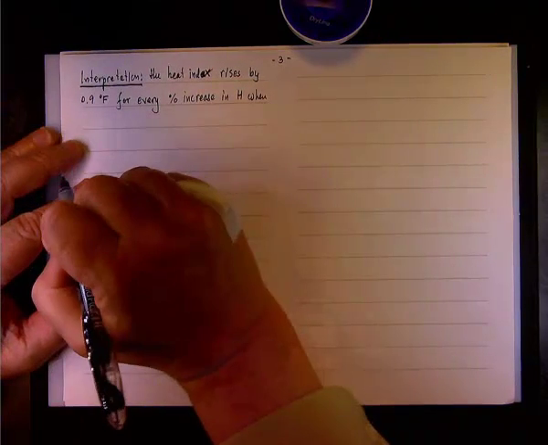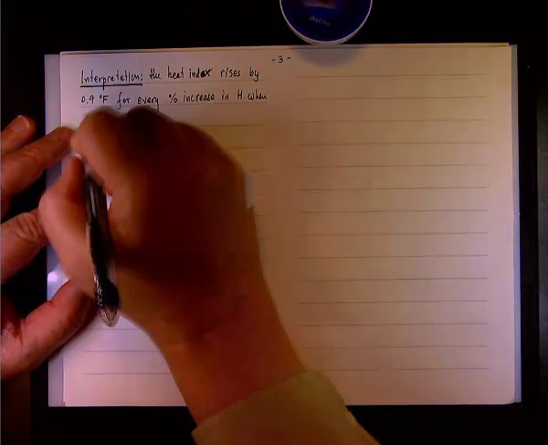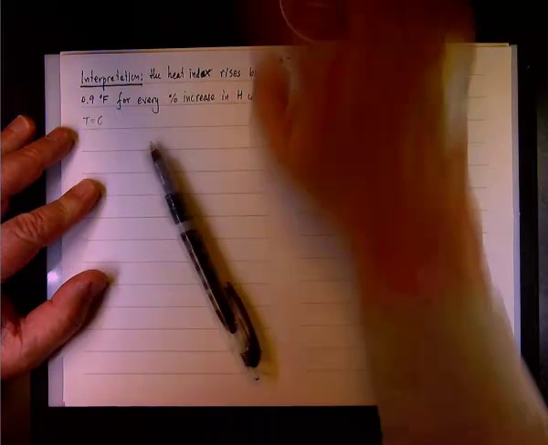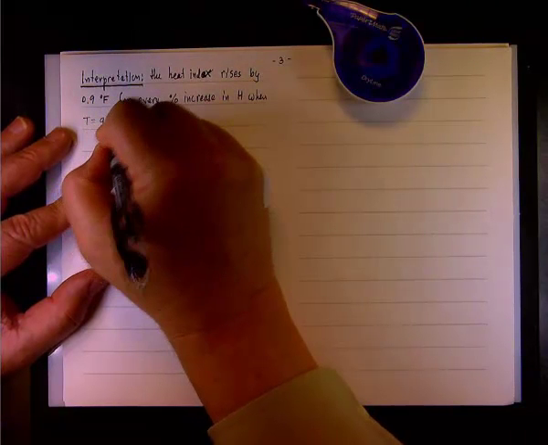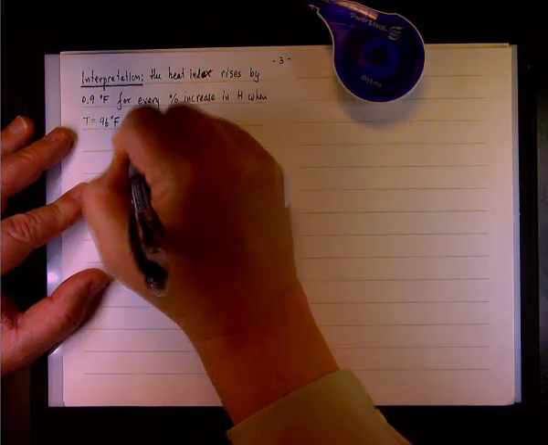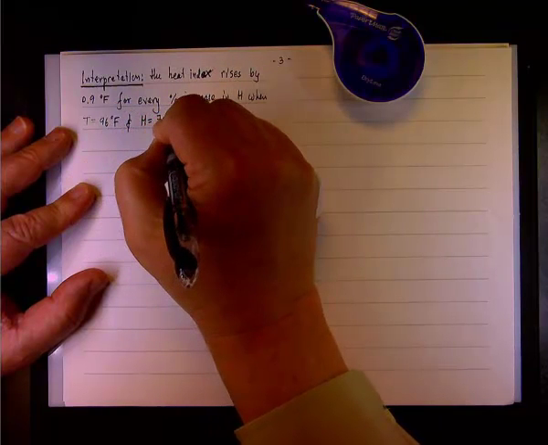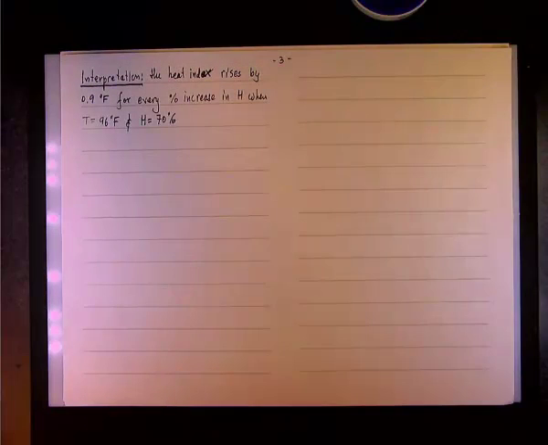Notice that the heat index is still measured in Fahrenheit for every percent increase in humidity. So in this case, T equals 96 degrees Fahrenheit, held steady, and the H is 70%, evaluated at 70%.